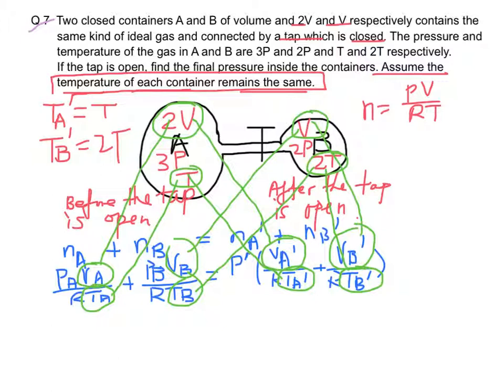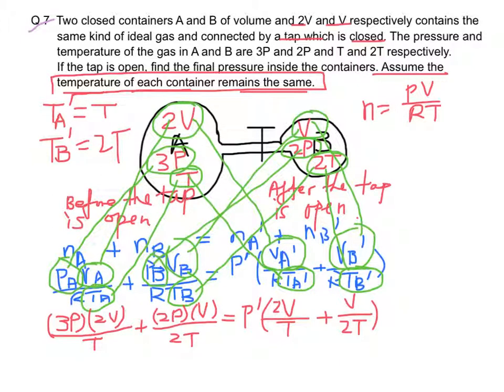Use the similar method in question number 6 and substitute the corresponding values of V, T, and P' and P into the equation. We got this equation. Therefore, P' equal to 2.8 P.